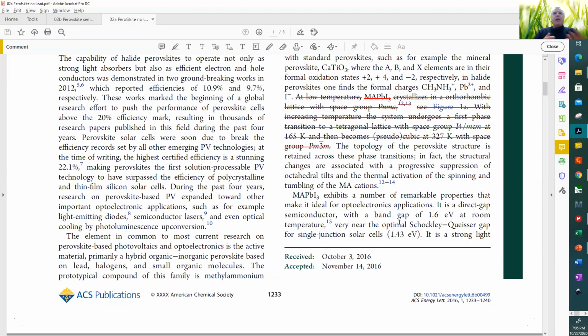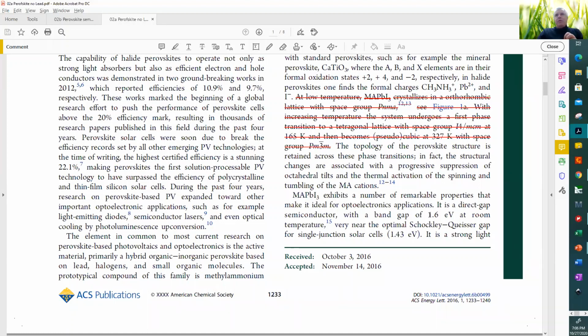So there's just, you know, it has to do so many things so well, and it's like drug discovery. For every million drug candidates, you get one that makes it to market. But methyl ammonium lead triiodide is a direct gap, meaning it's a strong absorber of light.